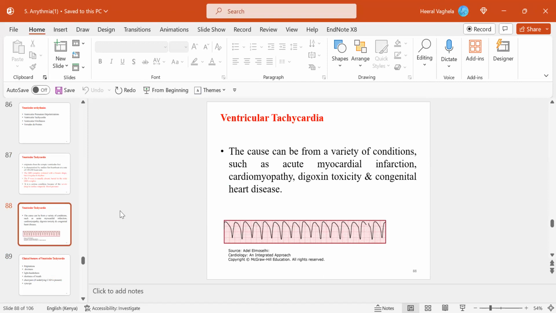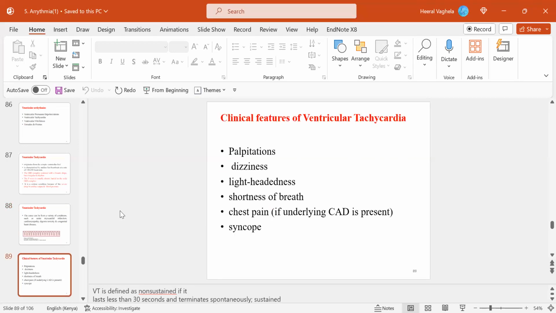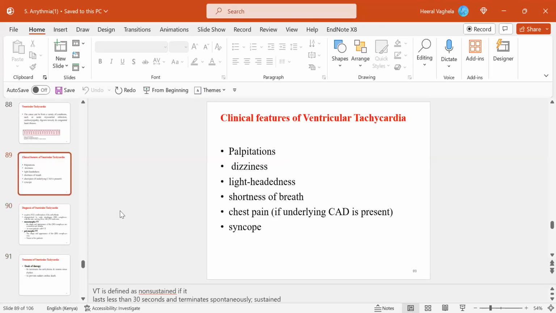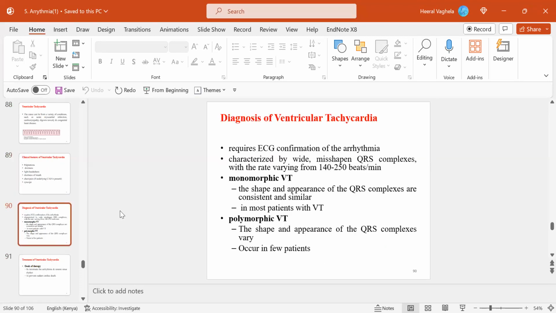So it can be caused by acute myocardial infarction, cardiomyopathy, digoxin toxicity, or any congenital heart disease. Same clinical manifestations. Over here, you do, of course, the ECG.